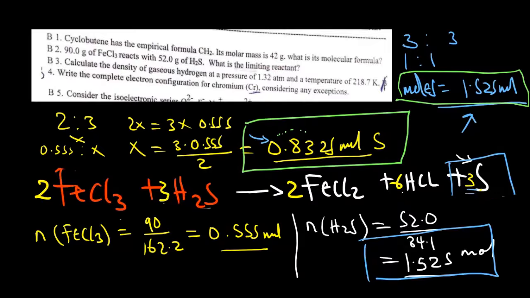We can see that in front of the sulfur we have a 3, and in front of this H2S we also have a 3.